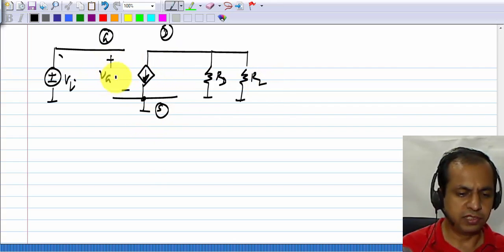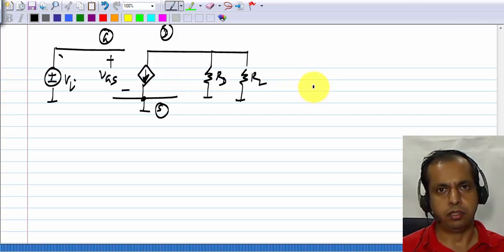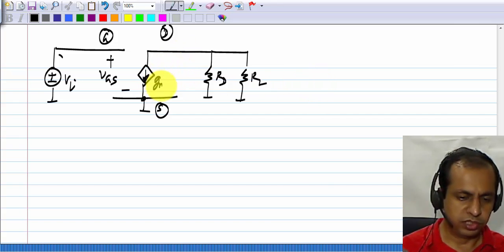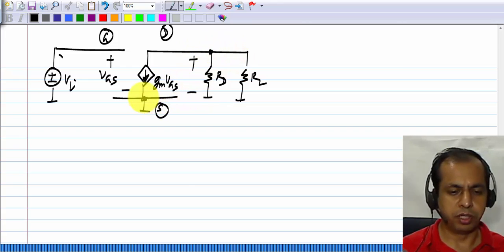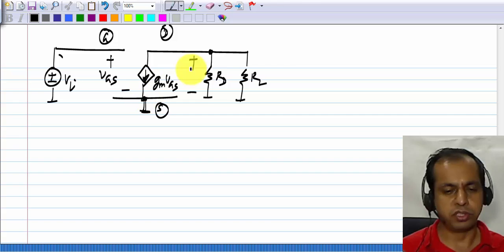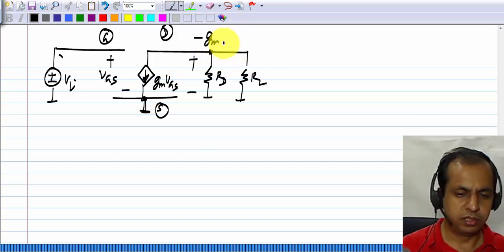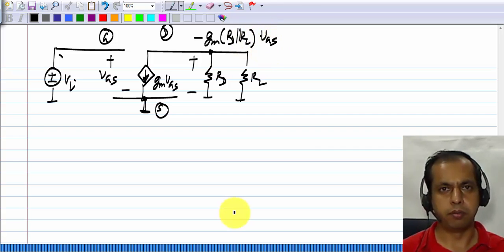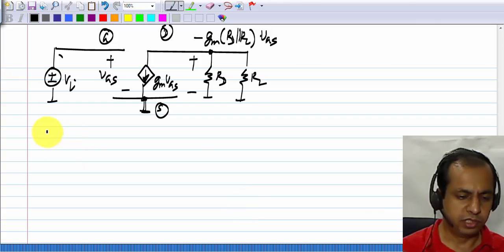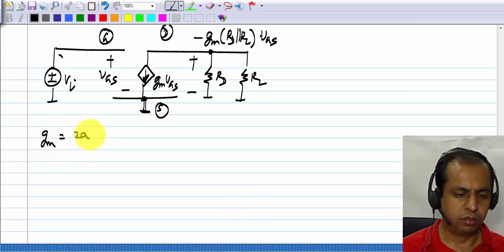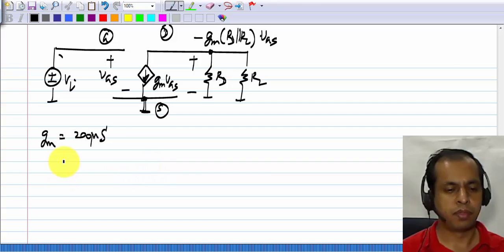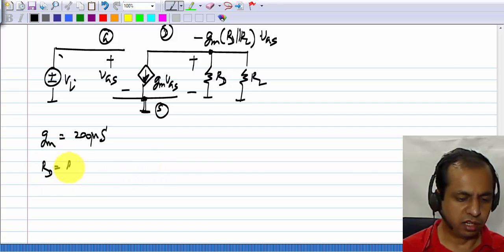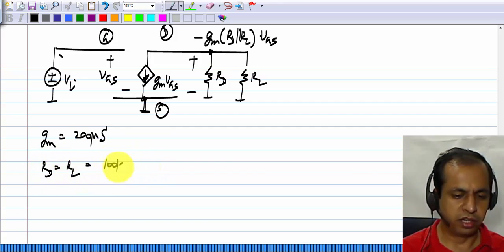So VGS equals Vi. So this is gm VGS, and the drain voltage with respect to ground, which is the small signal ground, is minus gm times RD parallel RL times VGS.